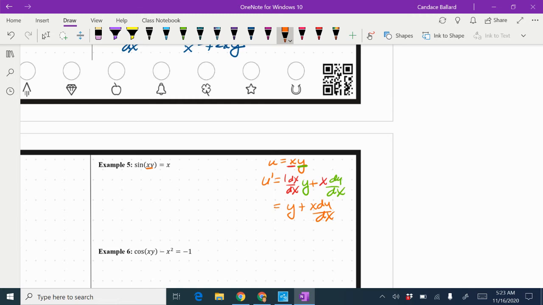All right, so now let's do the derivative of the sine here. So the sine of u equals x.